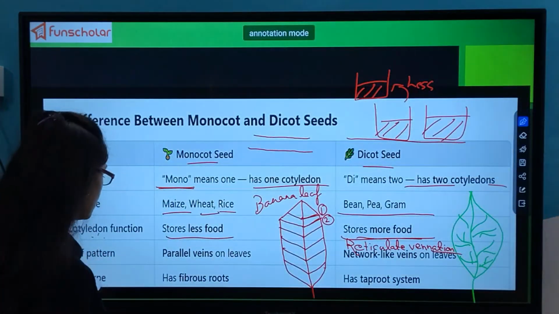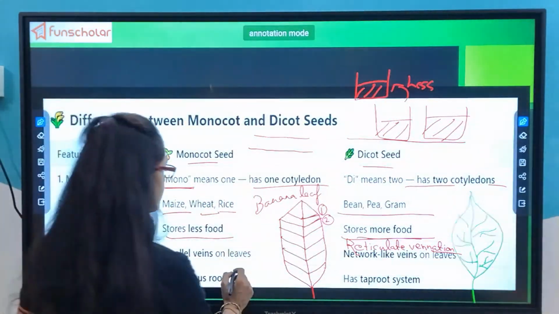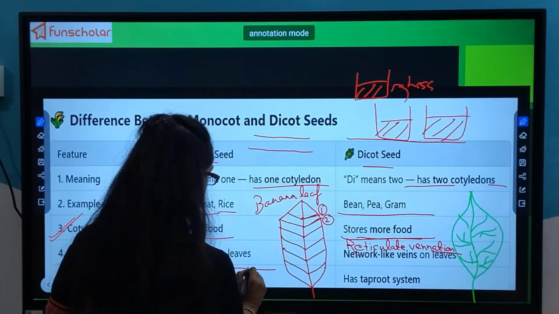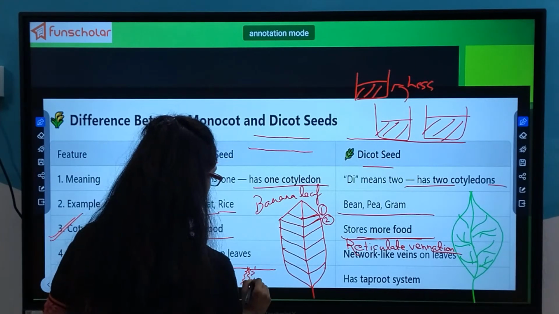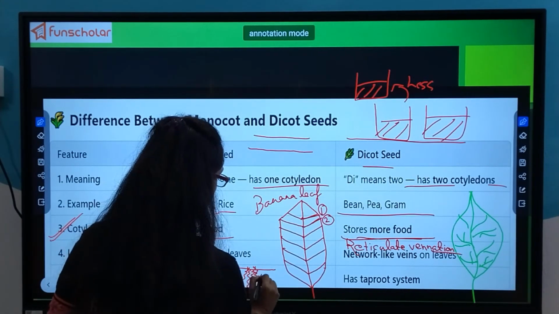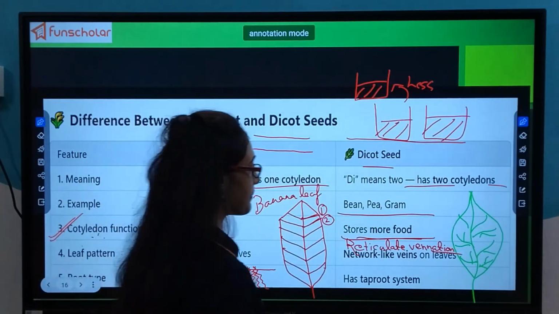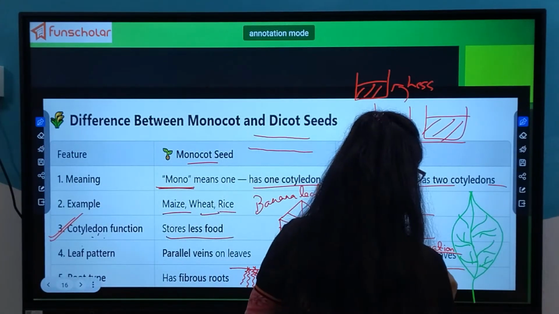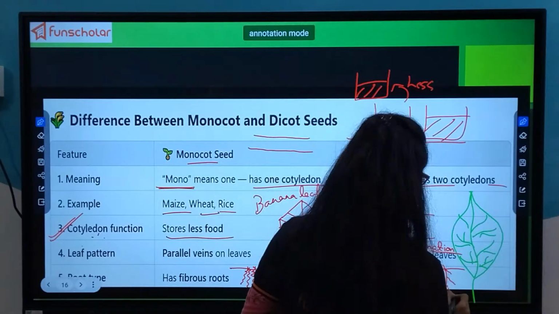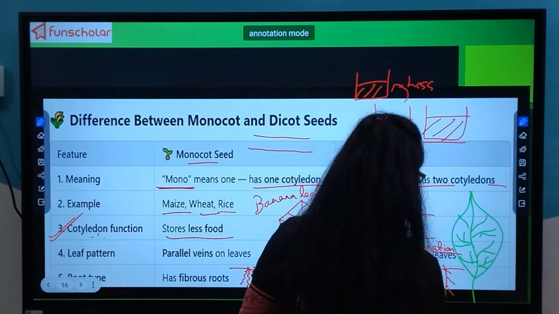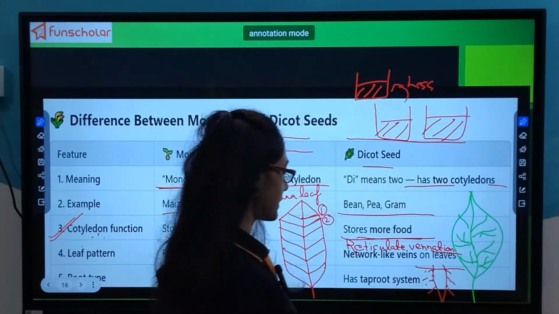And the roots of monocot plants are fibrous. Fibrous means, suppose this is the root, there will be many small roots starting from the stem. And taproot means there will be one large root, then small hair like structures will come out from the main branch.